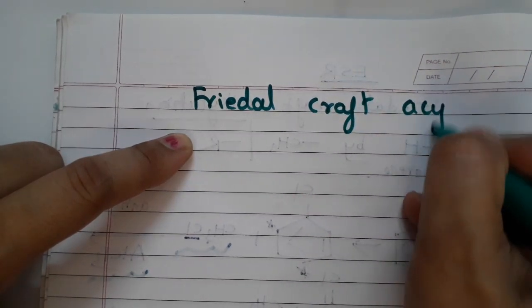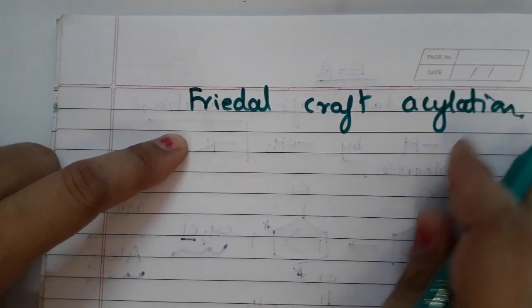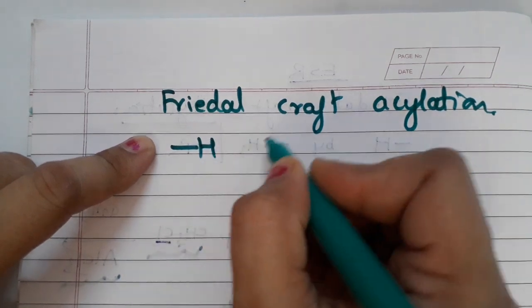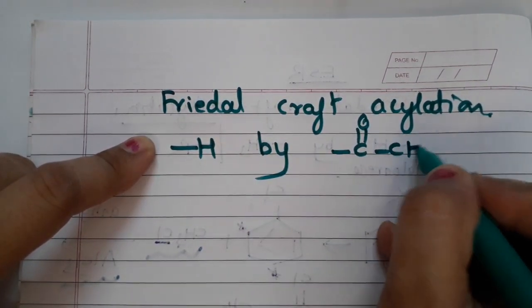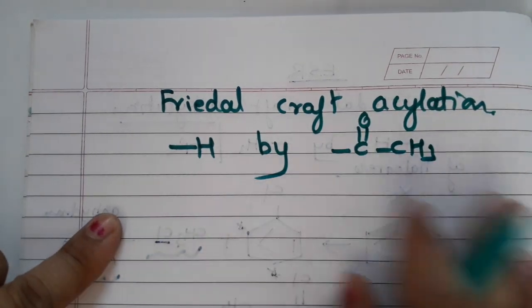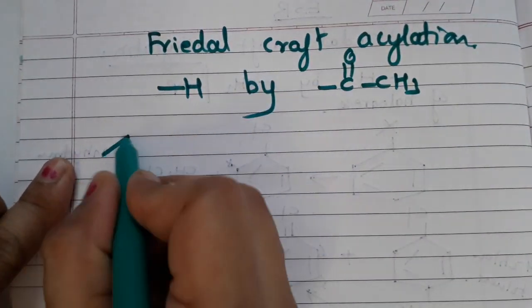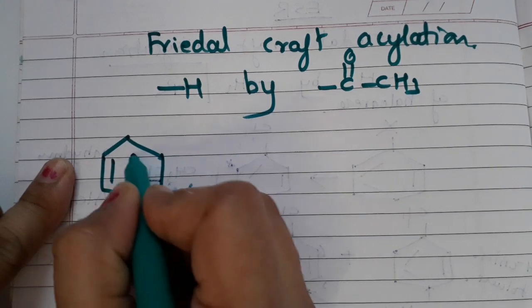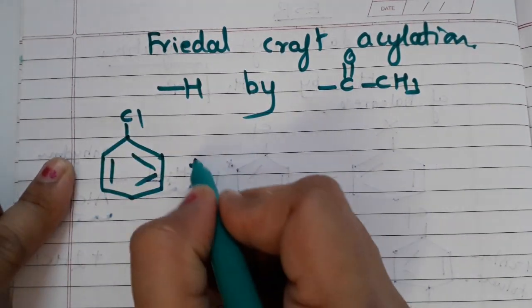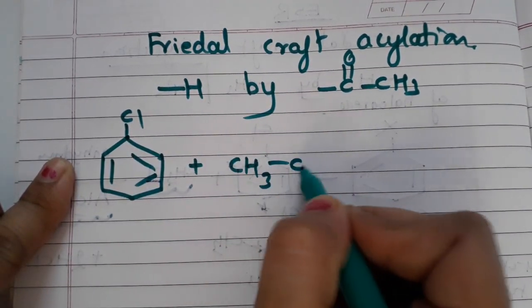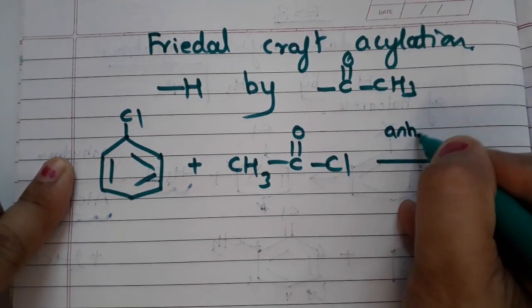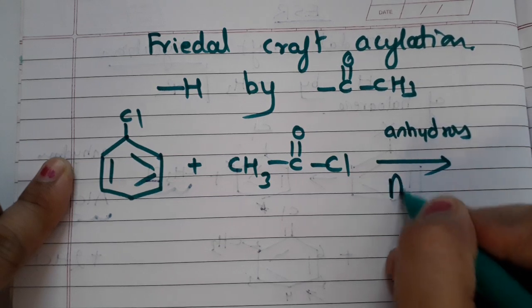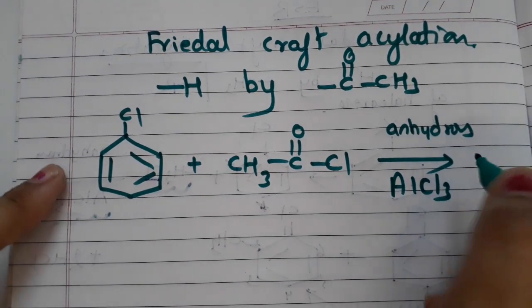Friedel-Crafts acylation. Replacement of H by an acyl group is called Friedel-Crafts acylation. Everything is the same, just see, chlorobenzene plus I take acetyl chloride, in presence of anhydrous AlCl3.